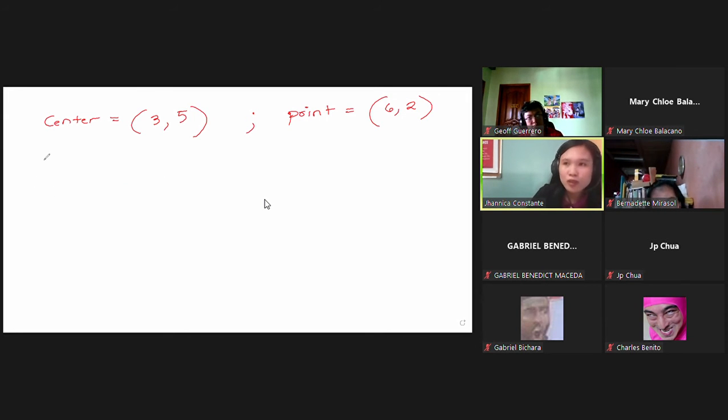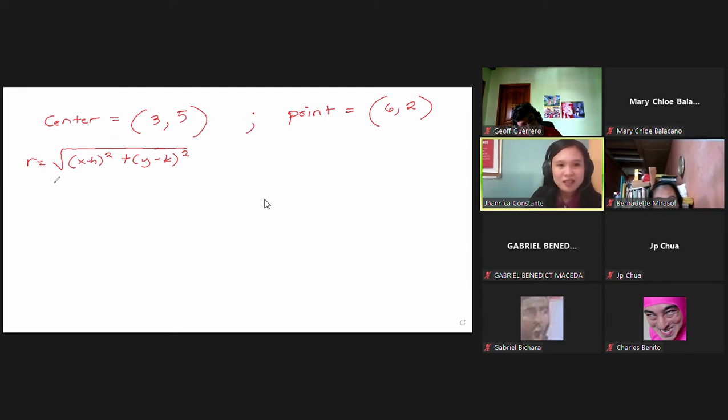The formula for the radius is equal to the square root of x minus h squared plus y minus k squared. That is the formula for the radius.